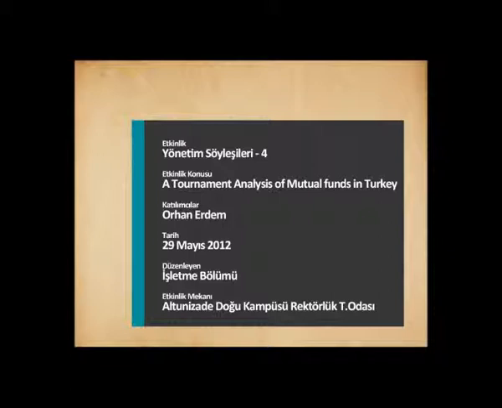This is interesting before starting the mechanics. This is the return of mutual funds in Turkey for every year. And this is the return of the Istanbul Stock Exchange, İMKB. These are the returns, and this is the inflation. So returns of mutual funds were higher in 2002 and 2003, and then started to decrease.